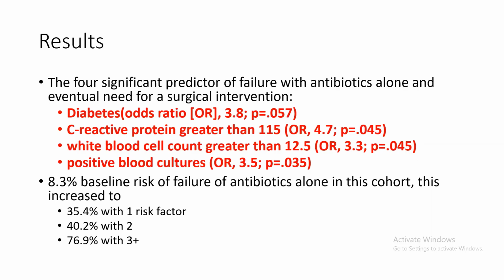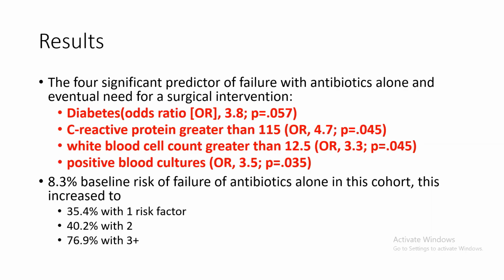So when you're evaluating a patient, Jose, like on your sub-eyes, if you see a patient in the ER presenting with spinal epidural abscess, even with no neuro deficit, so no hard indication for surgery, but they have diabetes and a CRP of 120, based on this, that would be somebody with two risk factors, a 40.2% risk of failing medical management alone.